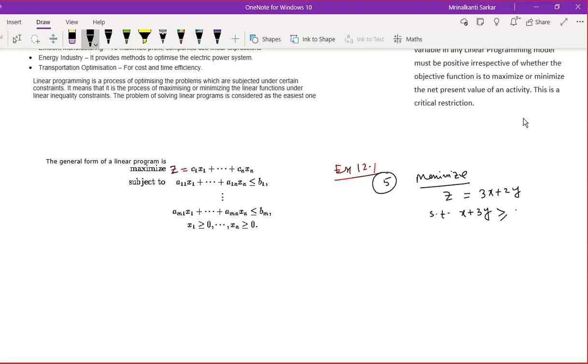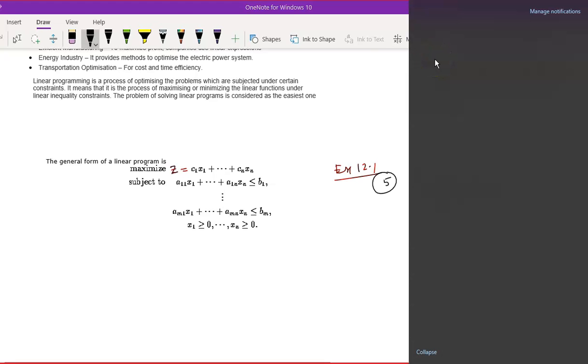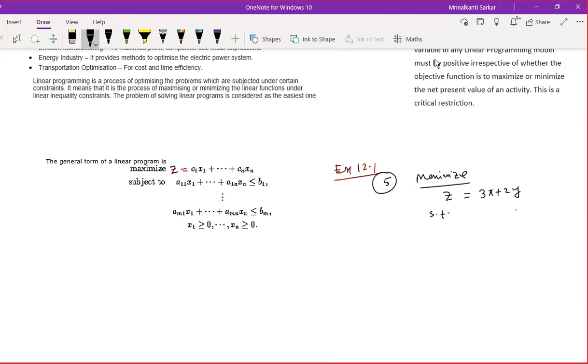Subject to this condition that x plus 2y less than equal to 10, 3x plus y less than equal to 15, and x, y greater than equal to 0.